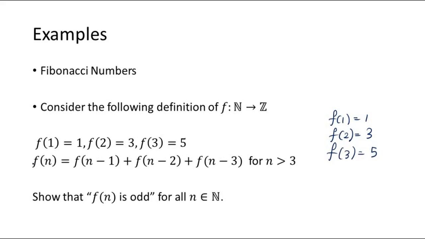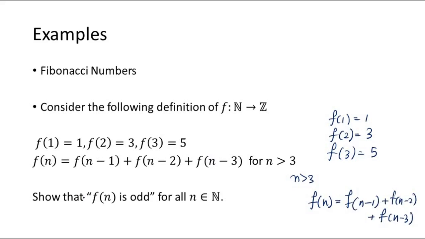Then, to compute values of this function for n greater than 3, I have the recursive rule that tells me f(n) is equal to the sum of the three previous values. That is f(n-1) + f(n-2) + f(n-3).